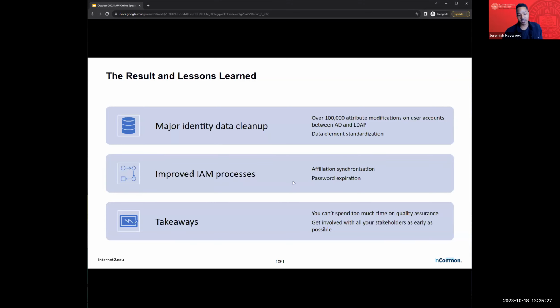And then lastly, being able to get involved with all the stakeholders as early as possible, just being able to reach out to those other teams that are using the functionality that you provide to figure out what's going to be impacted by the changes that you may implement, or what they might want from your new product too.